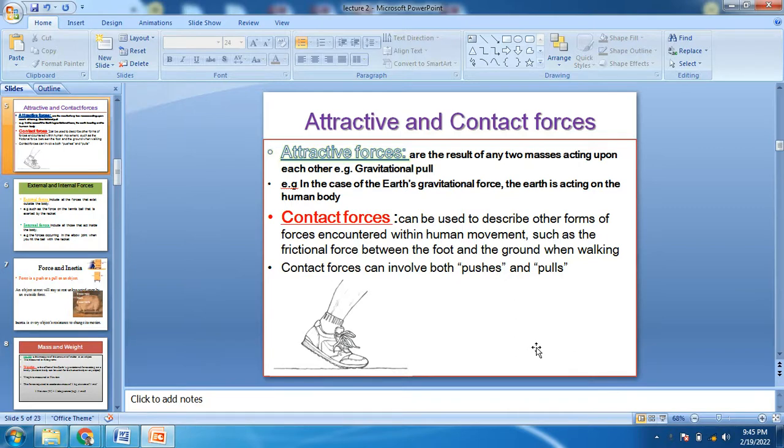Contact forces can be used to describe other forms of forces encountered within human movement, such as frictional force between the foot and the ground when walking. Contact forces can involve both push and pull.